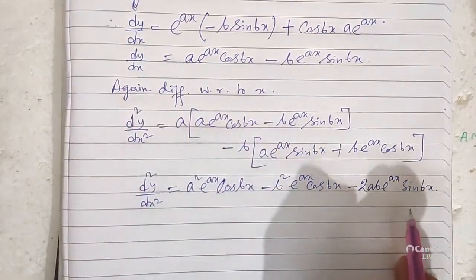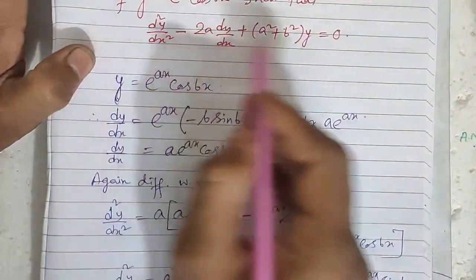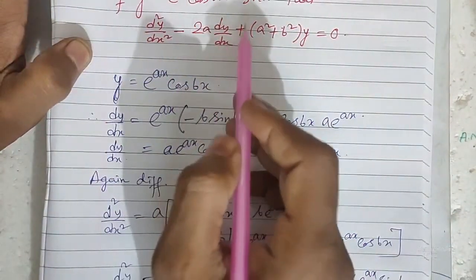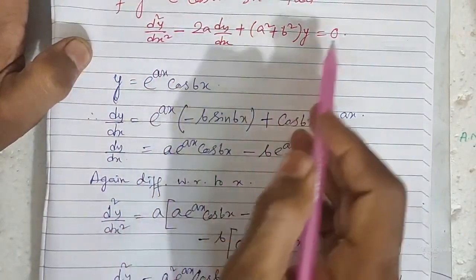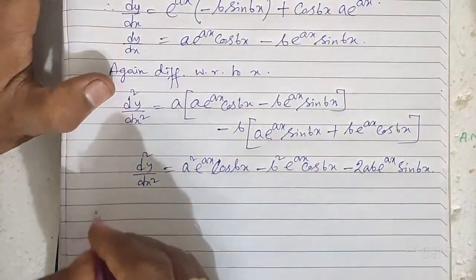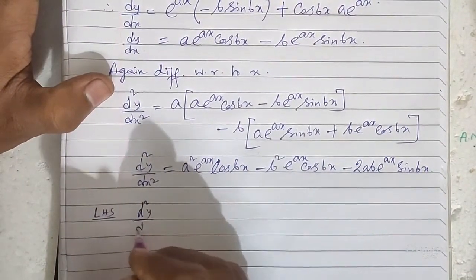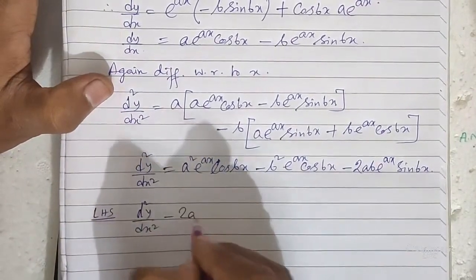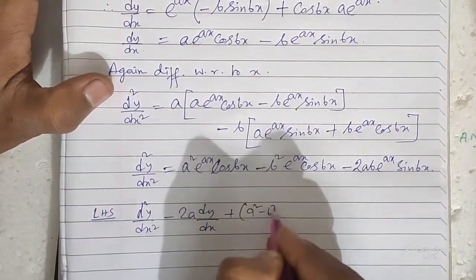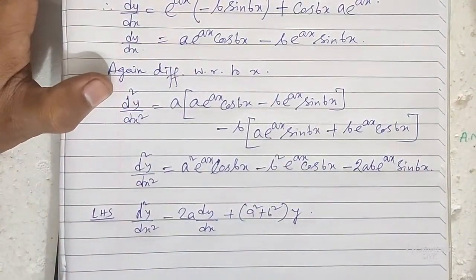Now these two values, d2y by dx2 and dy by dx, I will put into what we have to prove, and I have to check whether 0 is coming or not. Now LHS, it is given: d2y by dx2 minus 2a dy by dx plus (a square plus b square) into y.